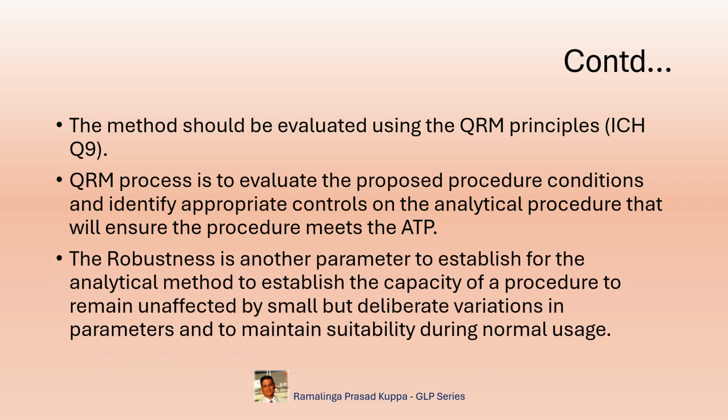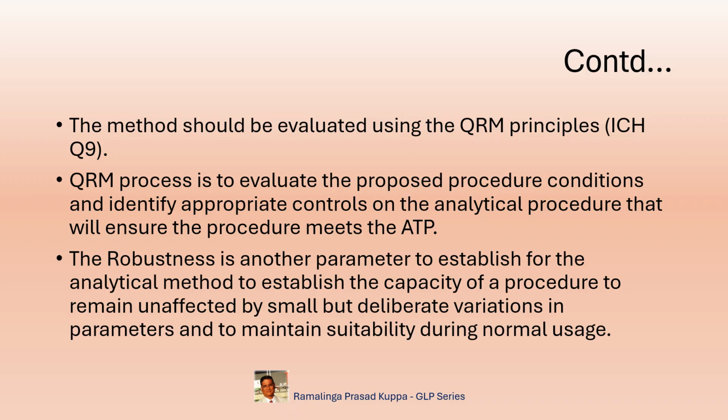Robustness is another parameter to establish for the analytical method, to establish the capability of a procedure to remain unaffected by small but deliberate variations in parameters and to maintain suitability during normal range.